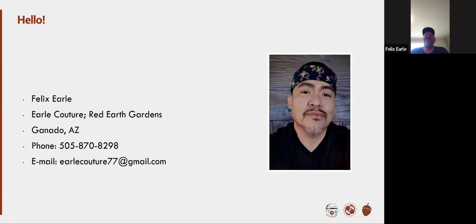And then I also own Red Earth Gardens, which focuses primarily on organic gardening and farming techniques, and things like that. People wanted to bring me aboard and let everybody know what I do.